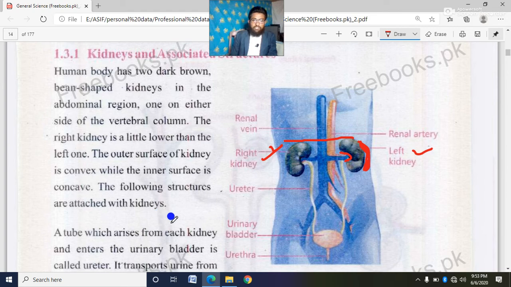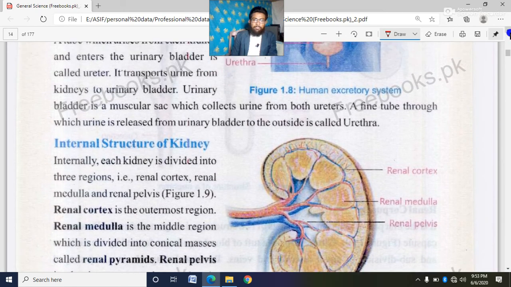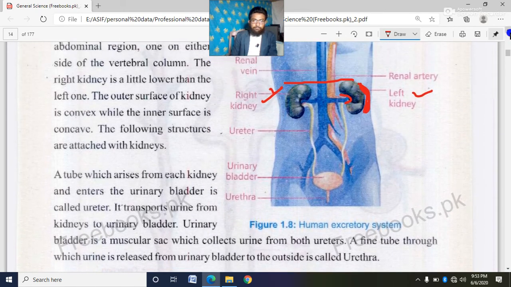The following structures are attached to the kidneys. These are the structures which are associated with the kidneys. A tube which arises from each kidney and enters the urinary bladder is known as the ureter. Here we can see two dark brown kidneys, and from each kidney a white tube is running down.